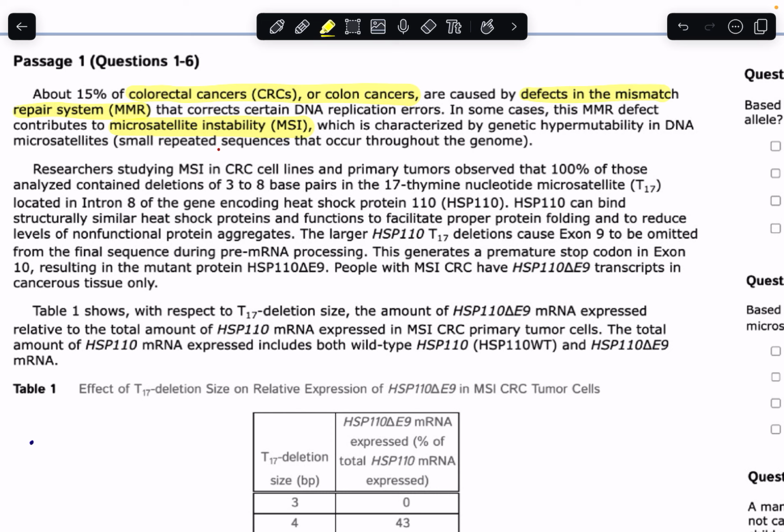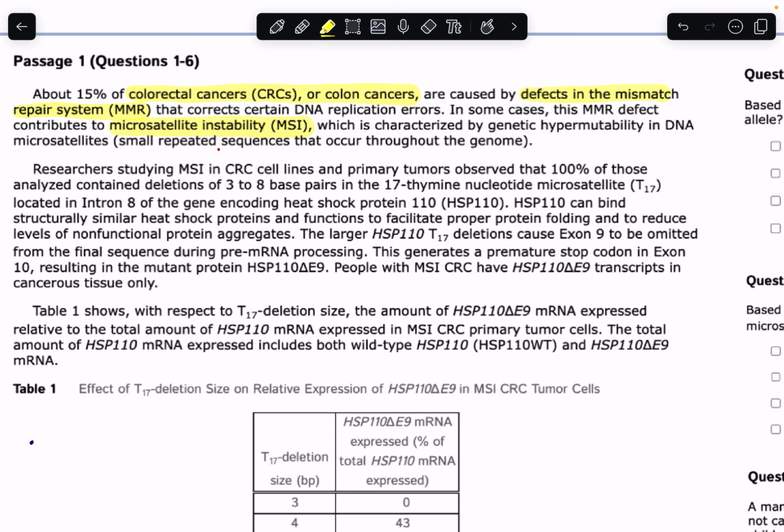I don't know what MSI is, but I'll just keep reading. It says, which is characterized by genetic hypermutability in DNA microsatellites, small repeated sequences that occur throughout the genome. So this is saying that MSI is basically some DNA mutation, right? And they're not just random mutations, they occur where you have those small repeated sequences. That's MSI.